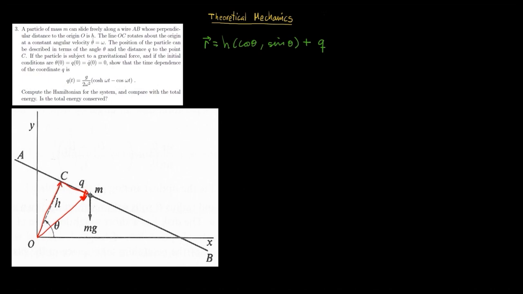Let's see what that unit vector is. If we draw the vertical line here, this angle is theta, and this horizontal line and this vertical line have to do with sine and cosine. So we put sine theta here and minus cosine theta because it points downward.